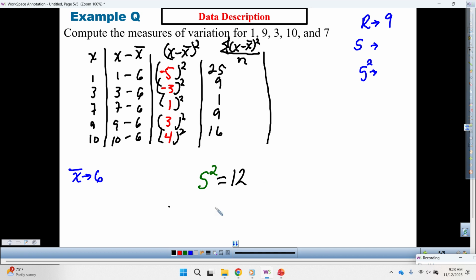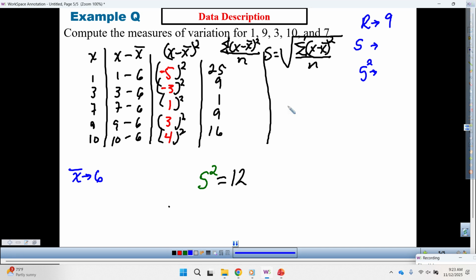Our last step, what do we do with that to find our standard deviation, everyone? Take the what? Square root. So check this out. The next column is the sum of x minus x bar squared over n, and we take the square root to find our sample standard deviation.